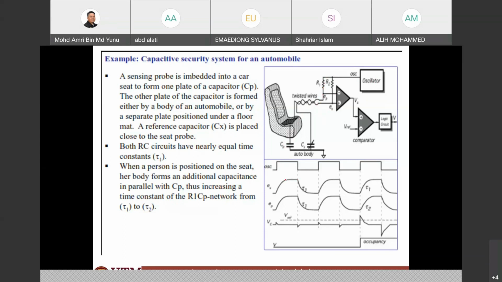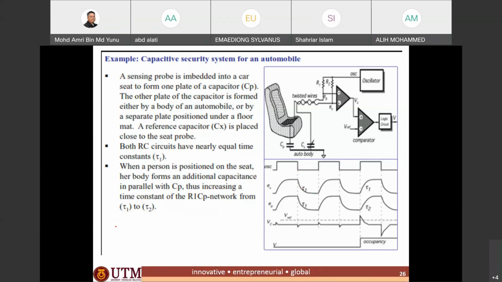When the capacitance is fully charged, the output will be equal to the amplitude, and when the oscillation changes from positive to 0, the capacitor will be discharged. So that's basically the output of the oscillator.